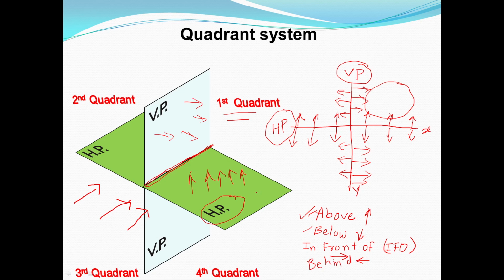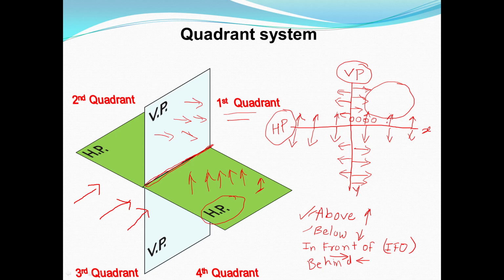So the object may be on the horizontal plane or above the horizontal plane. The object may be in the vertical plane or in front of the vertical plane. If the object is here, we can say the object is in the vertical plane, and if it moves further, the object is in front of the vertical plane by some distance, by 30 mm, 40 mm, 50 mm, like this.